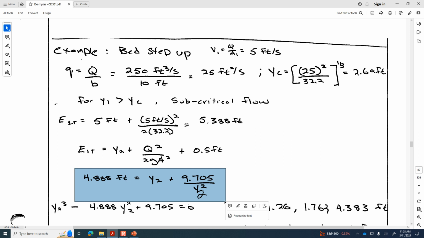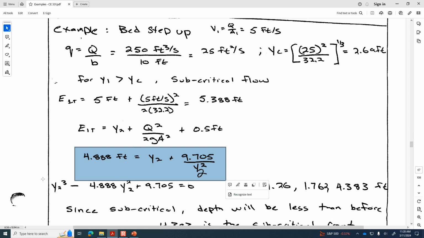And the third way that we're thinking about velocity head these days is q squared divided by 2g y2 squared. That's what we're doing to get this 9.705. That's just what's left in the numerator after we cancel out the 2g in the denominator.